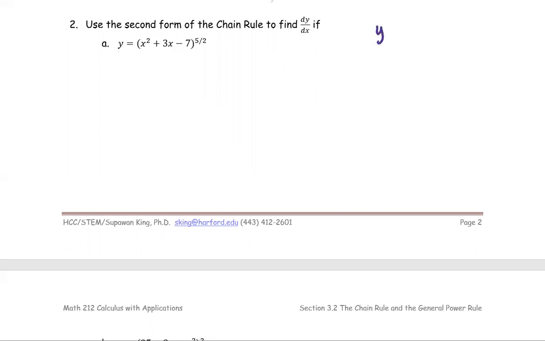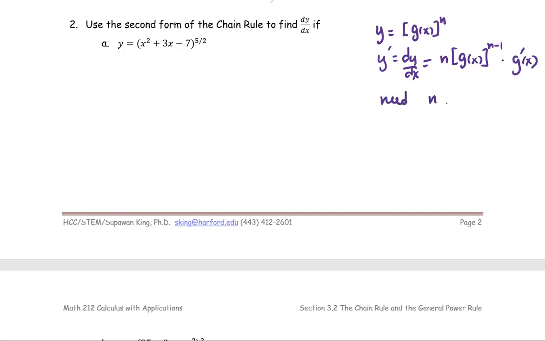When you see y in the power form of the function g, y prime, or dy/dx, is going to be n multiplied by g(x) to the power n minus 1, multiplied by g prime. So what do you need to know? You need to know your power n, you need to know the function g, and you need to find g prime to put the pieces together.